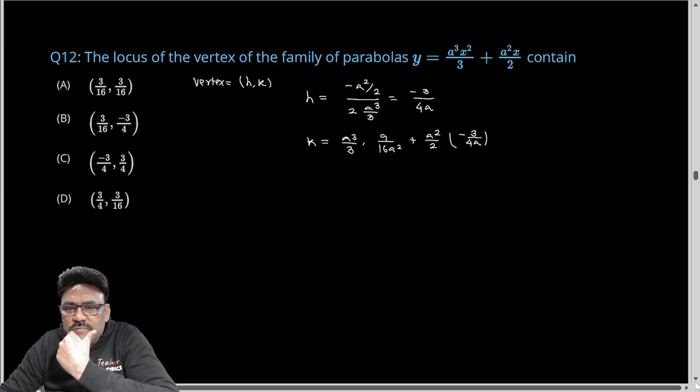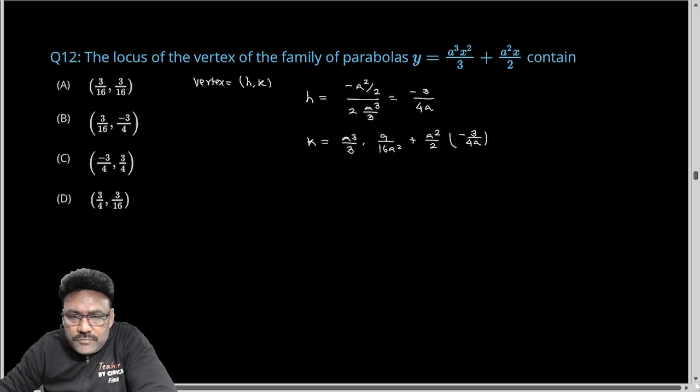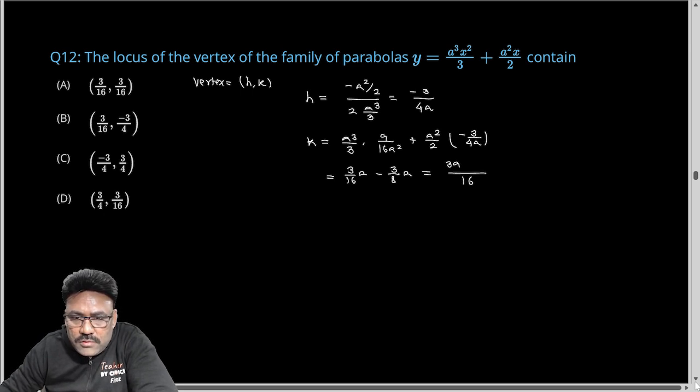So this comes out to be plus 3 by 16a. And here minus 3 by 8a. LCM will be 16. So it is 3a minus 6a. So it is minus 3a by 16.